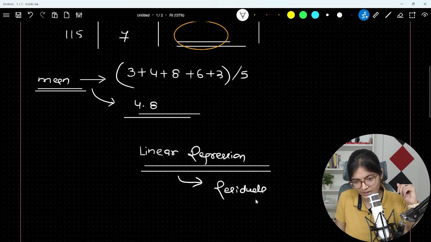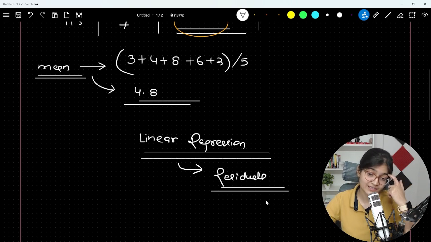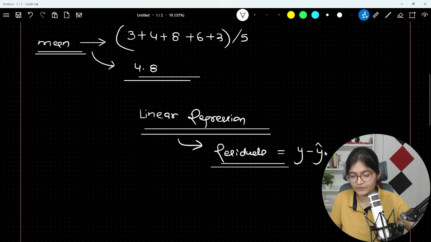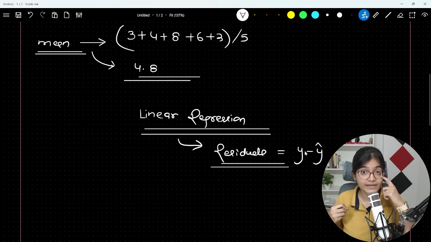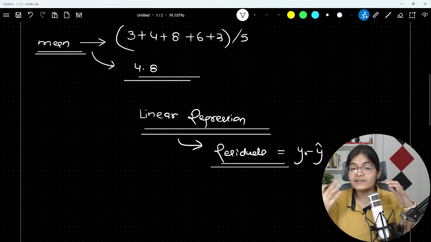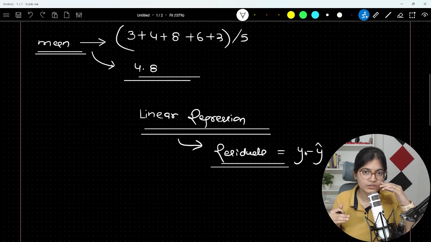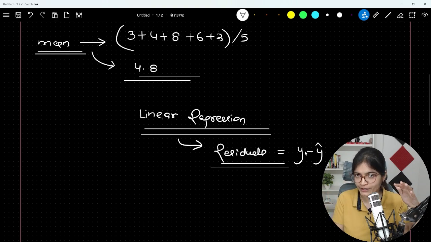Do you remember what the meaning of residuals is? Residuals are nothing but the difference between the actual value minus the predicted value. In linear regression, we took the squared error, where I was doing 1 upon 2, summation of (y minus y cap) whole squared, for i equals 1 to n. It depends on how many records we have.